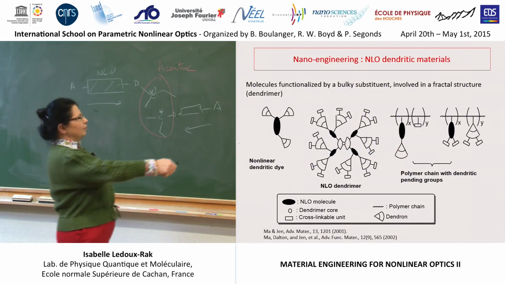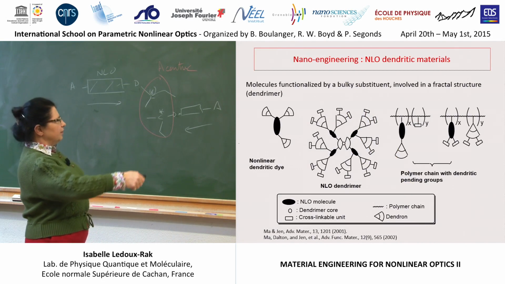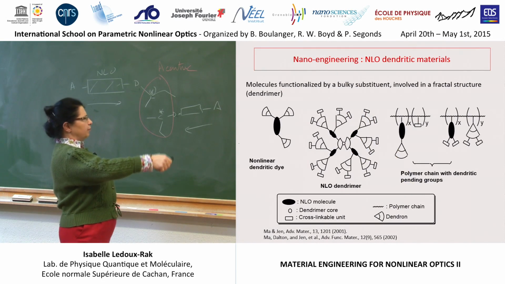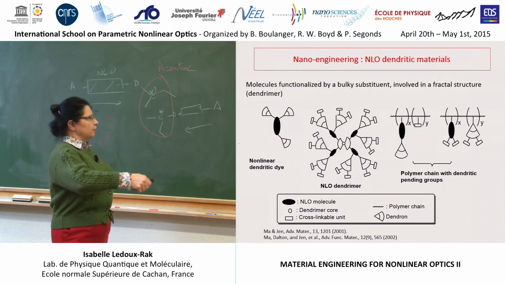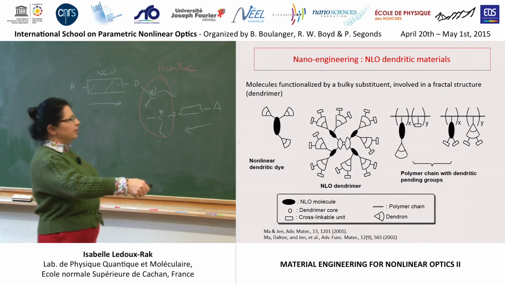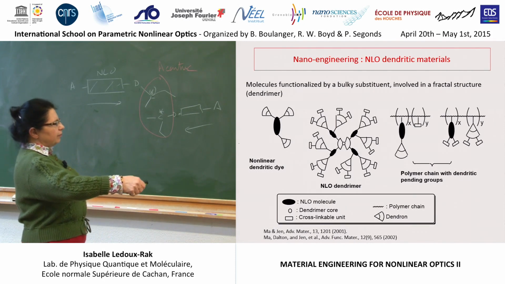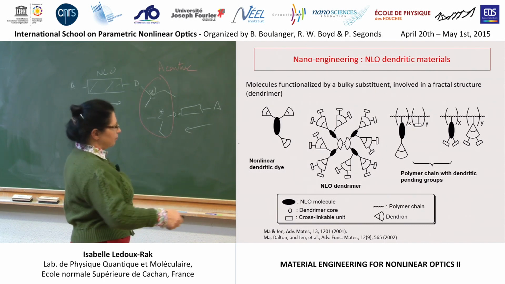So there are some more general strategies. People try to put more dendrimers as substituents of the molecule, or try to make really three-dimensional dendrimers containing nonlinear units, or make polymers with attachment of nonlinear molecules with bulky groups.